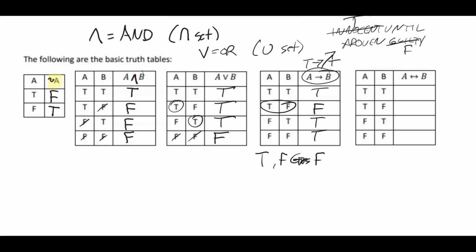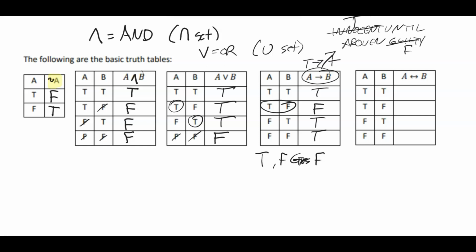So you assume they're true, and the only one that messes that up is if you get a true-false pattern. Then that one's false. That one takes a bit more time, but the assumption is true until proven false. Start with them all true, and then look for any true-false pattern, and then that one you change to false.